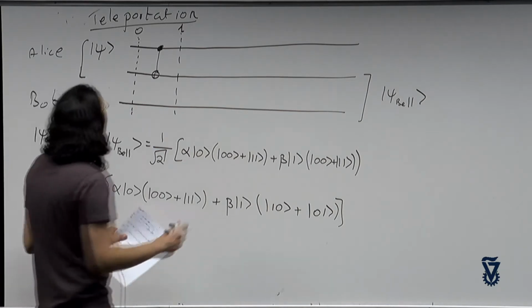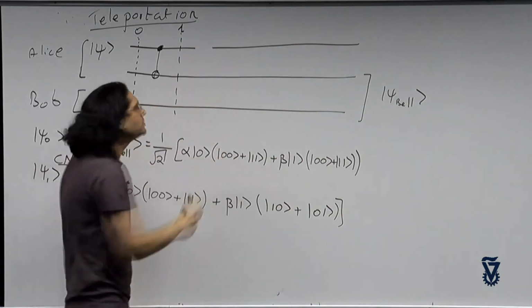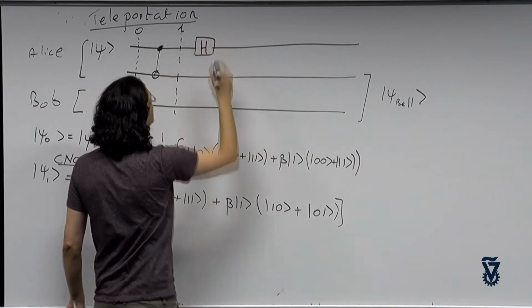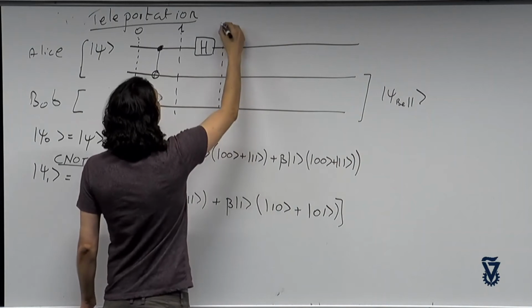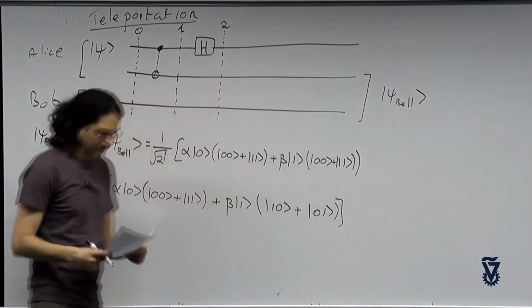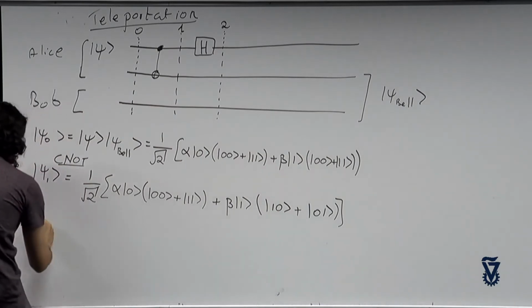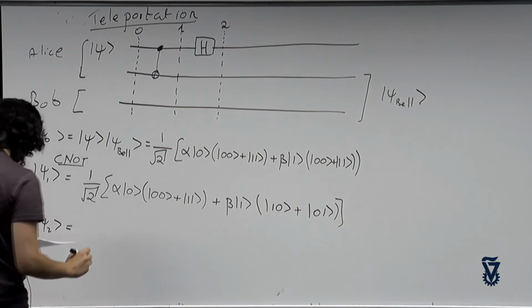Now, what Alice is going to do is a local operation. She's going to do a Hadamard. The Hadamard is just for convenience. So we're going to write psi 2, after the Hadamard.